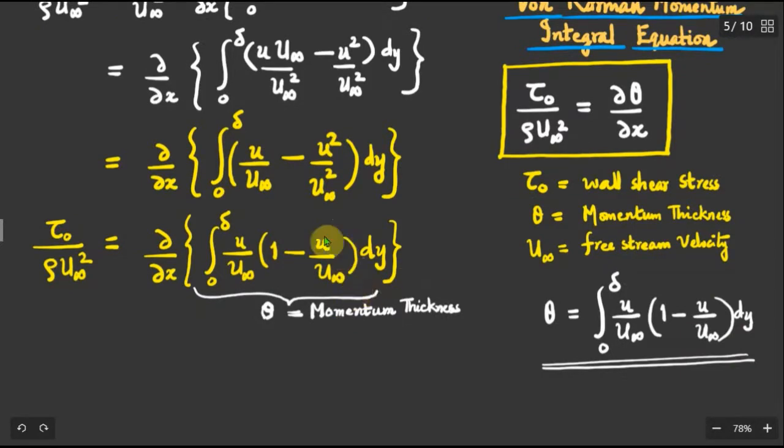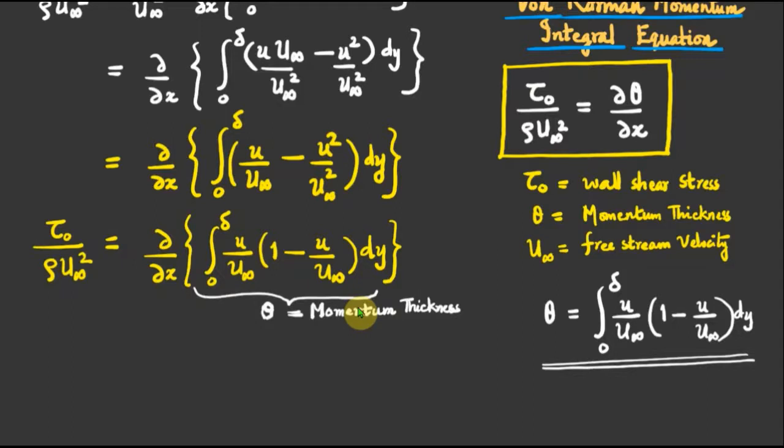You are very much familiar with the term inside the integral. That integrand, integral 0 to delta u by u infinity into (1 minus u by u infinity) dy, is actually theta, representing the momentum thickness of the boundary layer, an important parameter that accounts for the loss in momentum due to the boundary layer formation.